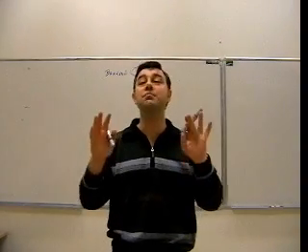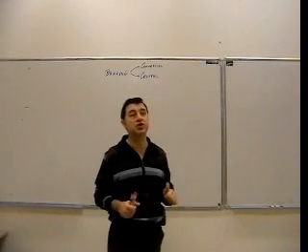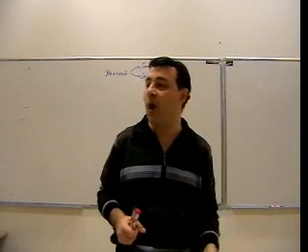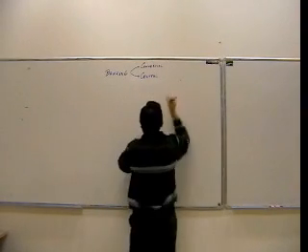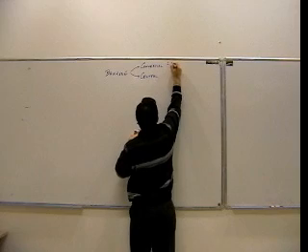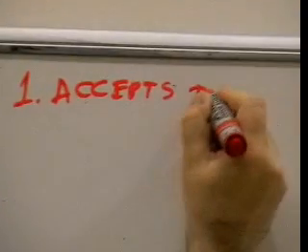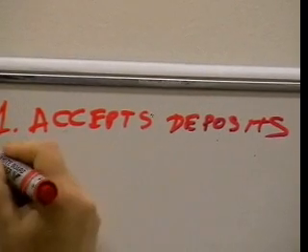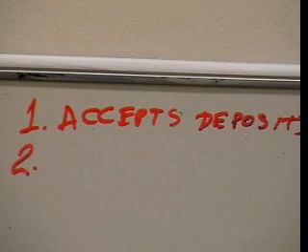So, a commercial bank is a financial institution which accepts deposits and makes loans. Number 1, accepts deposits. Number 2, makes loans.